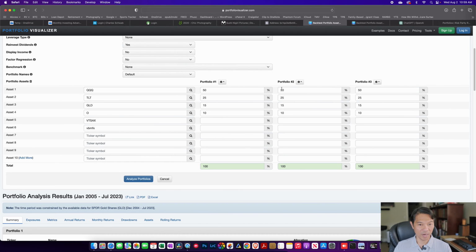So let's say that you feel that these asset weightings are a little bit too conservative. So maybe you want to bump the NASDAQ 100 up to 60% in this one, and maybe take 5% off of long-term treasuries and another 5% off the gold.